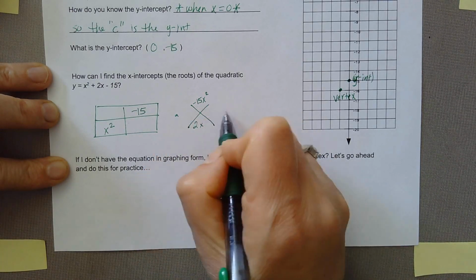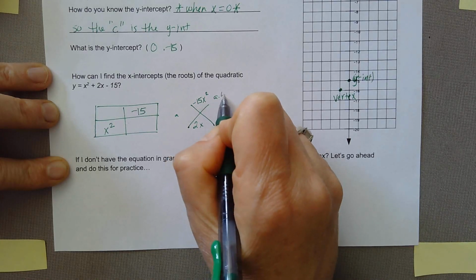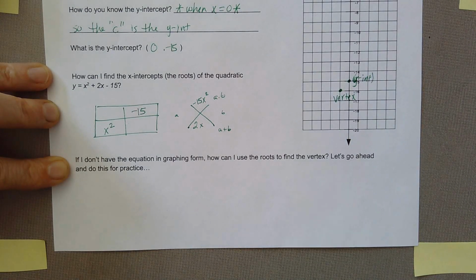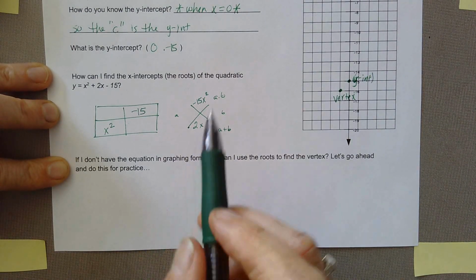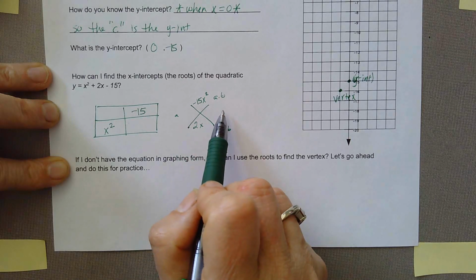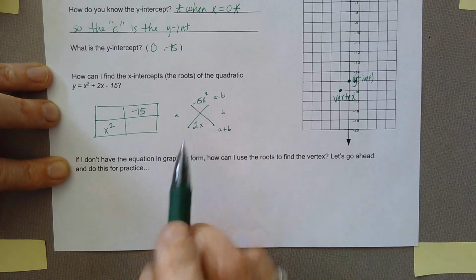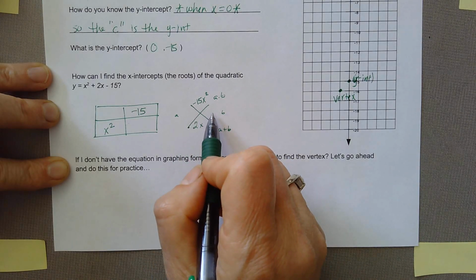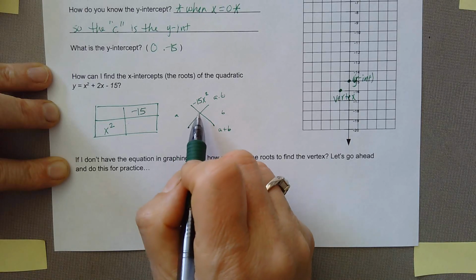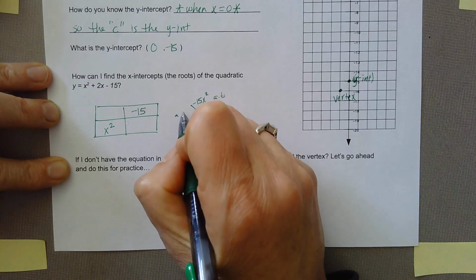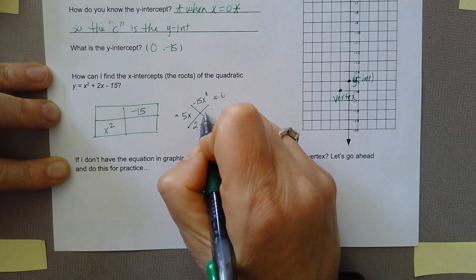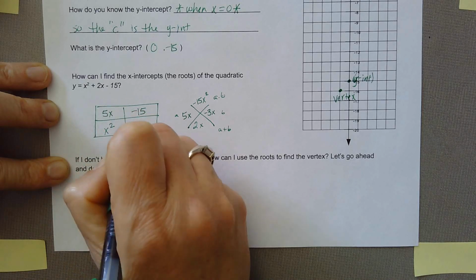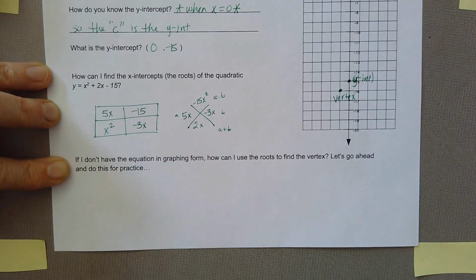If I've got a and b, this is a times b and this is a plus b. So what times what is negative 15, and what plus what is a positive 2? Well, 5 times negative 3 is negative 15, and 5 plus negative 3 is 2. So I've got 5x and negative 3x.